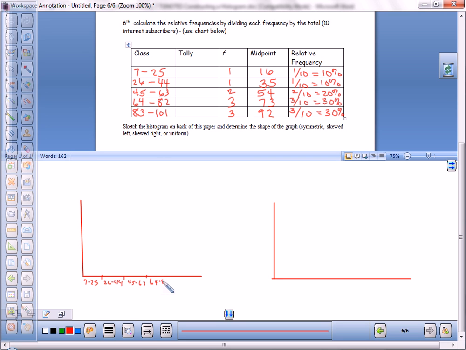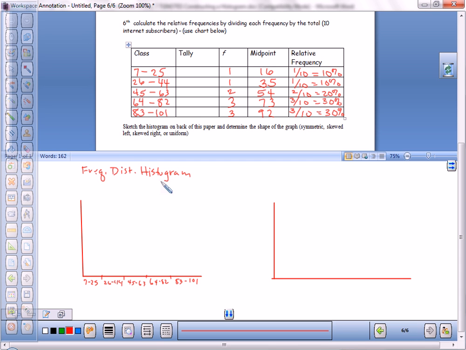For a frequency distribution histogram, it's really more of a bar graph, but we'll call it a histogram because we're going to connect the bars.